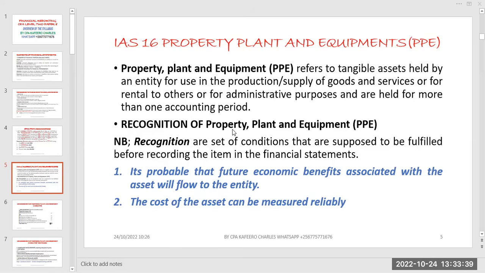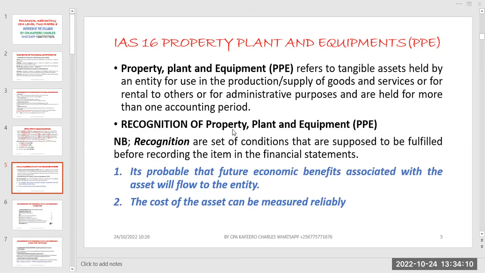So when you are talking about these non-current assets, we have them in terms of tangible assets and intangible assets. As far as the intangible assets are concerned, they have a separate standard that accounts for them, and that is IAS 38, Intangible Assets.